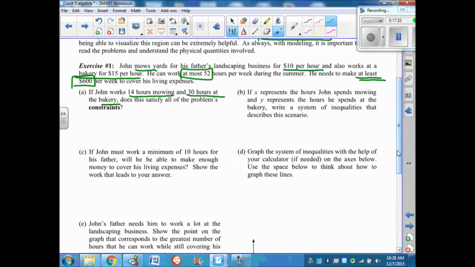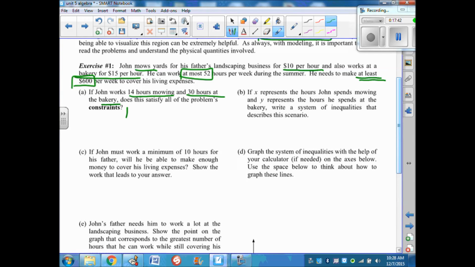Now the constraints are that he can't work more than 52 hours, that's a constraint to his lifestyle, and that he does need to make $600 a week because he needs to obviously have a roof over his head and put some food in his mouth. So does that situation satisfy what he needs?